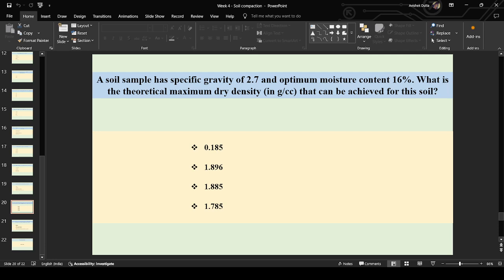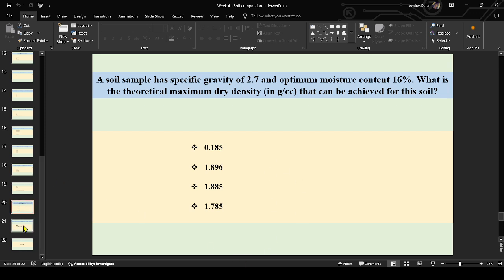I repeat again, a soil sample has specific gravity of 2.7 and optimum moisture content 16%. What is the theoretical maximum dry density in gram per cc that can be achieved for this soil? The options are 0.185, 1.896, 1.885, or 1.785.